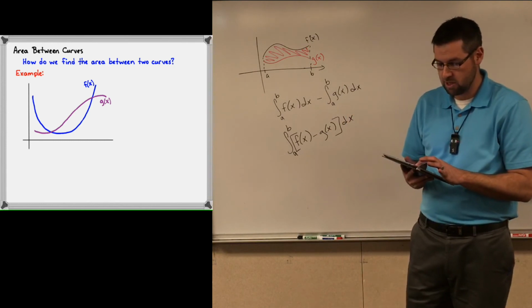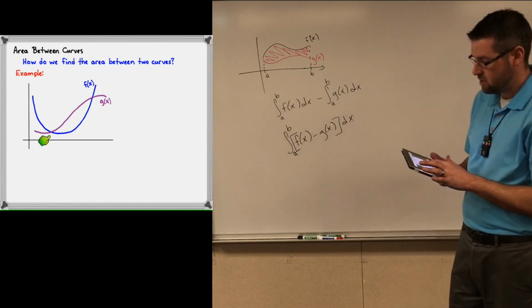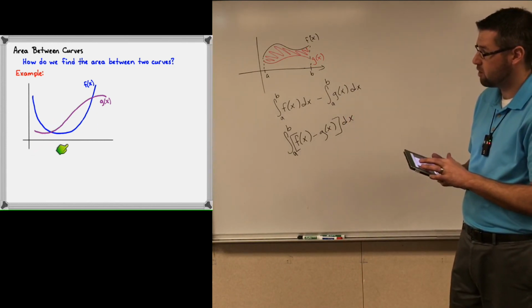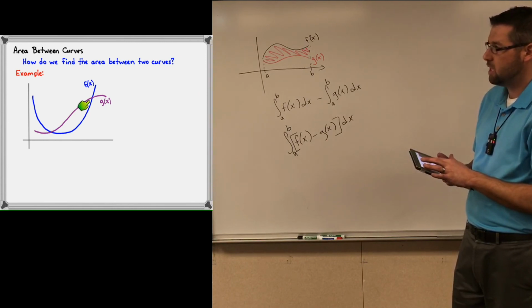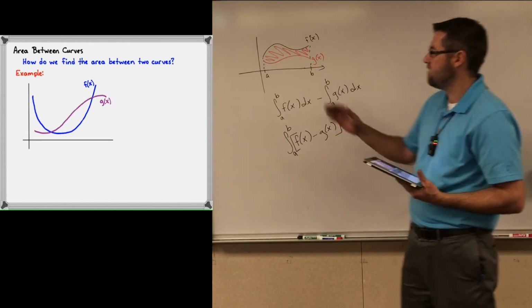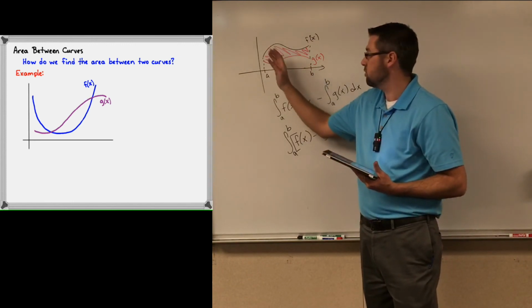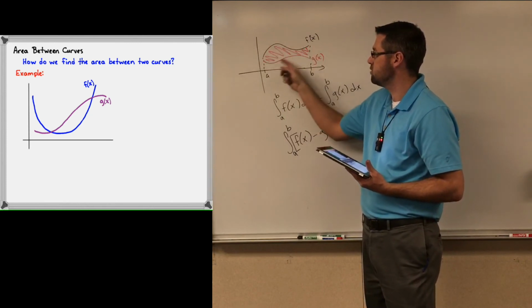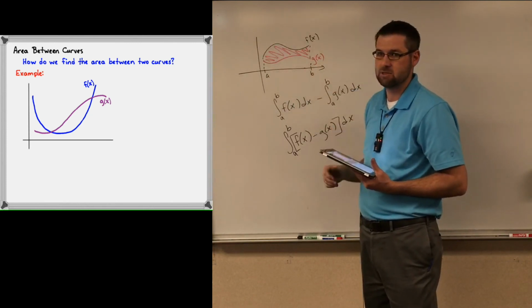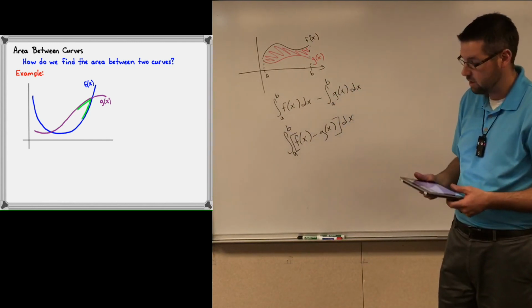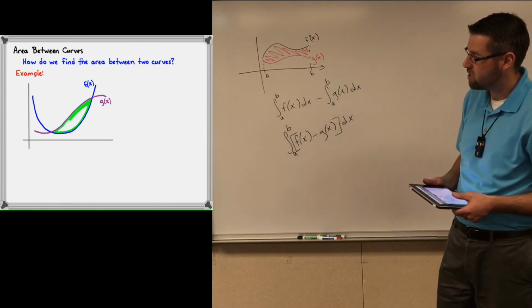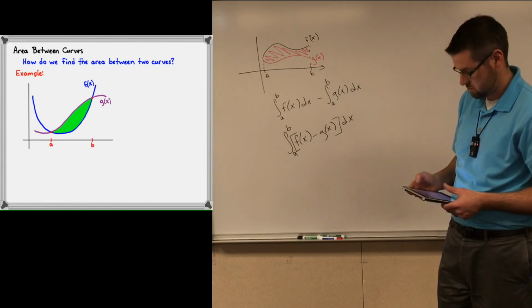The region that we're looking for is bounded by the purple curve and the blue curve, which means the integral is going to start at their intersection and end at their next intersection, right? Okay.